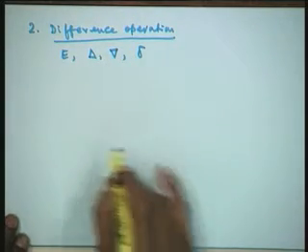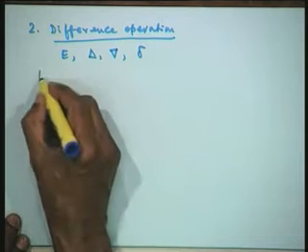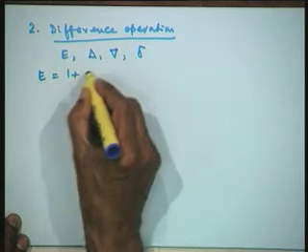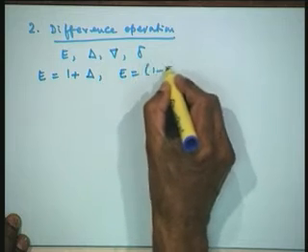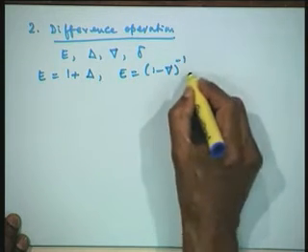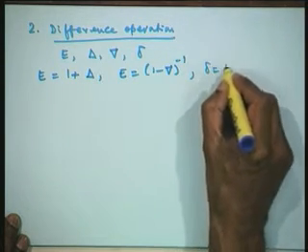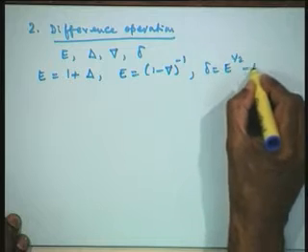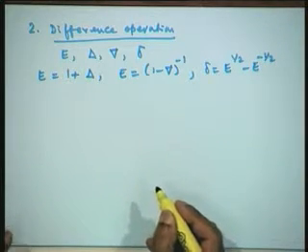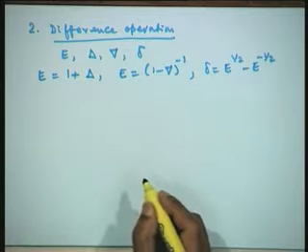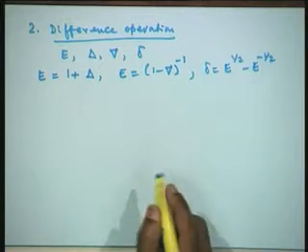We just need the definitions to derive these formulas. E is equal to 1 plus delta, E is also equal to 1 minus backward delta to the power minus 1, and central delta is equal to E to the power of half minus E to the power of minus half. These are the relations that we have derived between these operators.